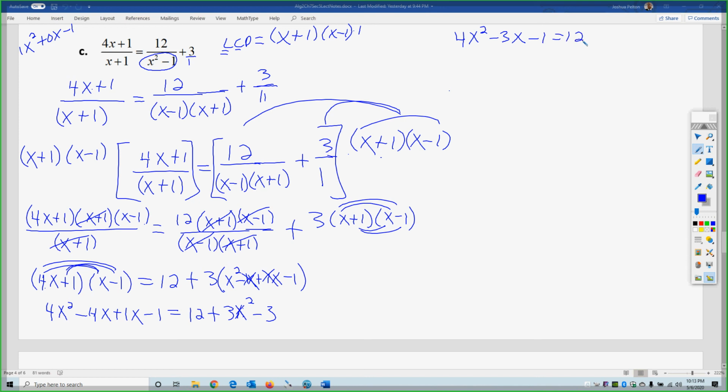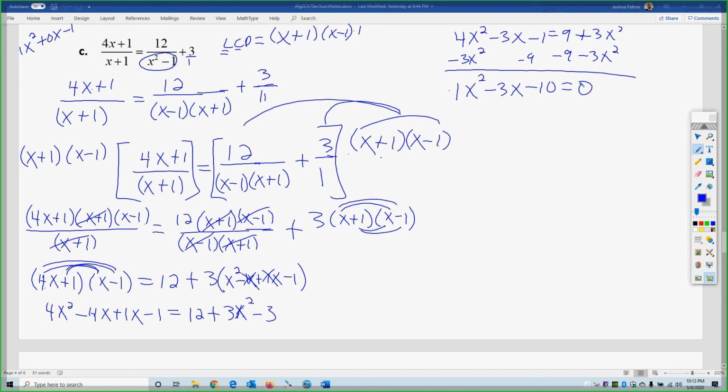No, let's see, 12 minus 3 is 9, excuse me. Let's see, 9 plus 3x squared. Okay, so we'll subtract the 9 and the 3x squared to the side. So we're left with 1x squared minus 3x minus 10 equals 0, right? Okay, so we've combined all our terms and put them onto one side.